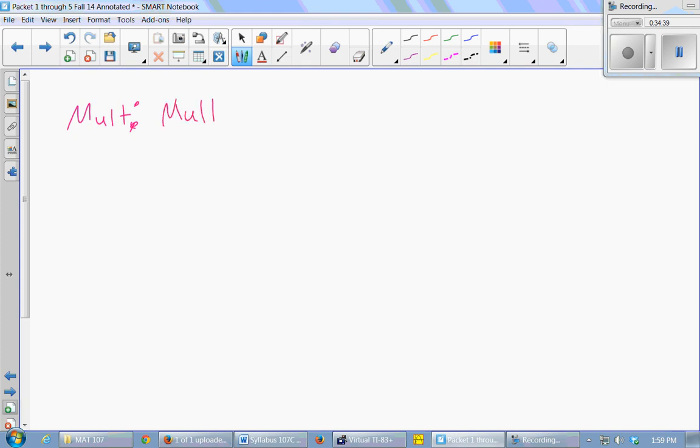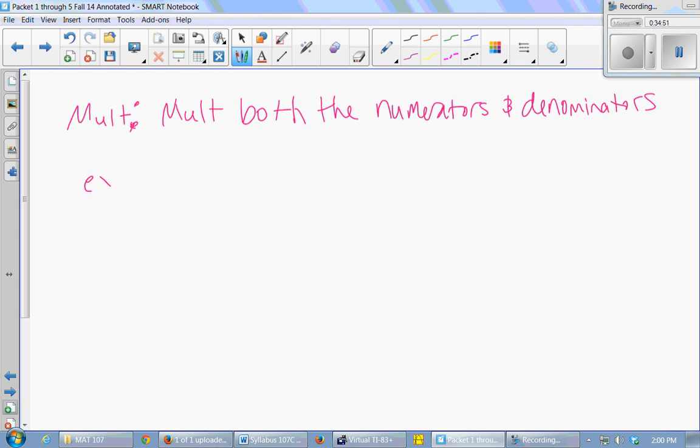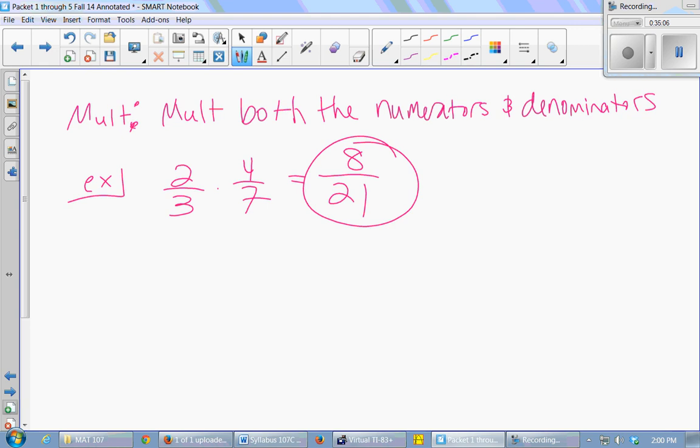Multiply both the numerators and the denominators. So for example, if I wanted to do 2/3 times 4/7, multiply the tops. 2 times 4 is 8. 3 times 7 is 21. Multiplying fractions is way easier than adding and subtracting fractions.